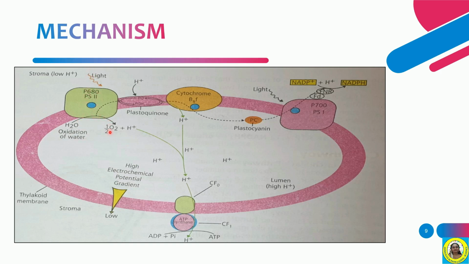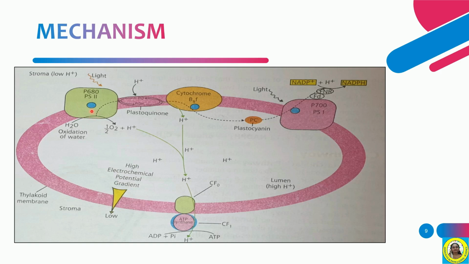In the meantime, PS2 is irradiated with light, because of which it becomes excited and extrudes an electron. Now there is a vacancy of electrons in PS2, which is filled by the electrons produced as a result of photolysis.